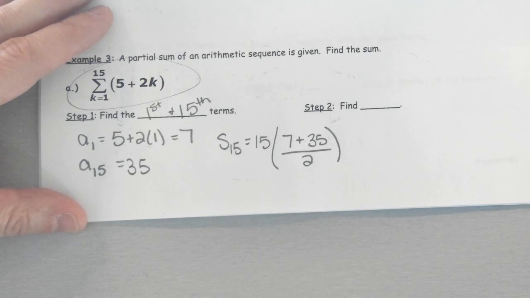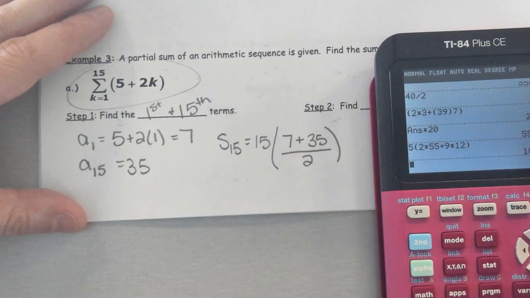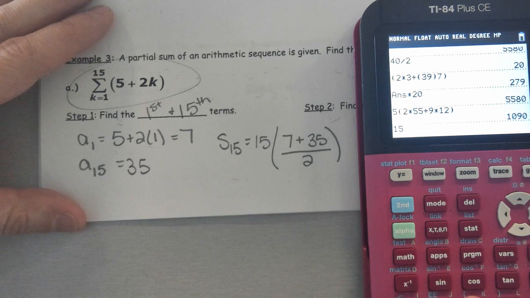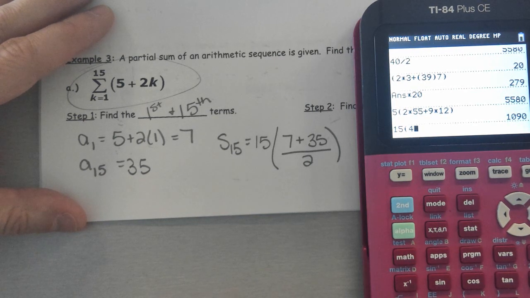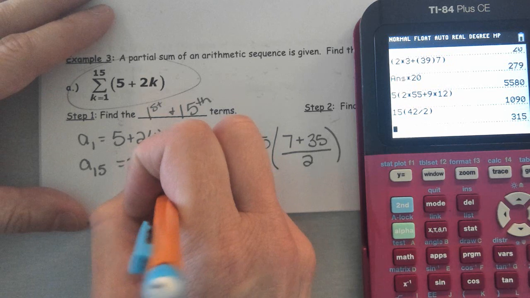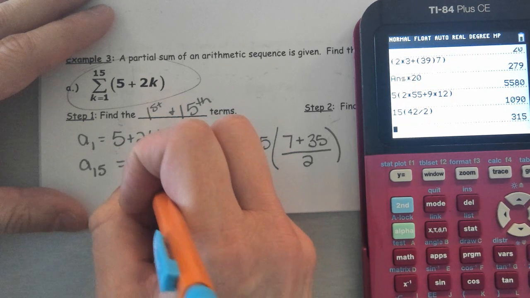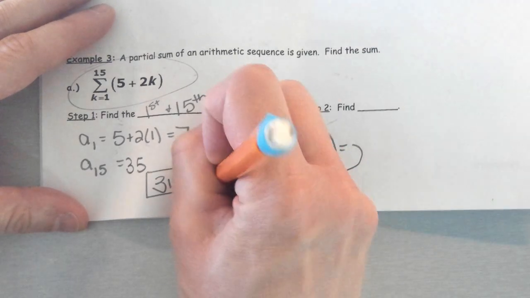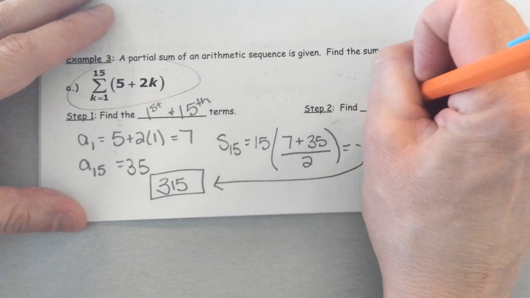Easy to pick out both of them pretty quickly and then plug in. Alright, so for this one I've got a 15 out front, I've got a parenthesis, I've got 42 living in the top, and I've got 2 living in the bottom, which I also could have done in my head. I get 315. Agreed?